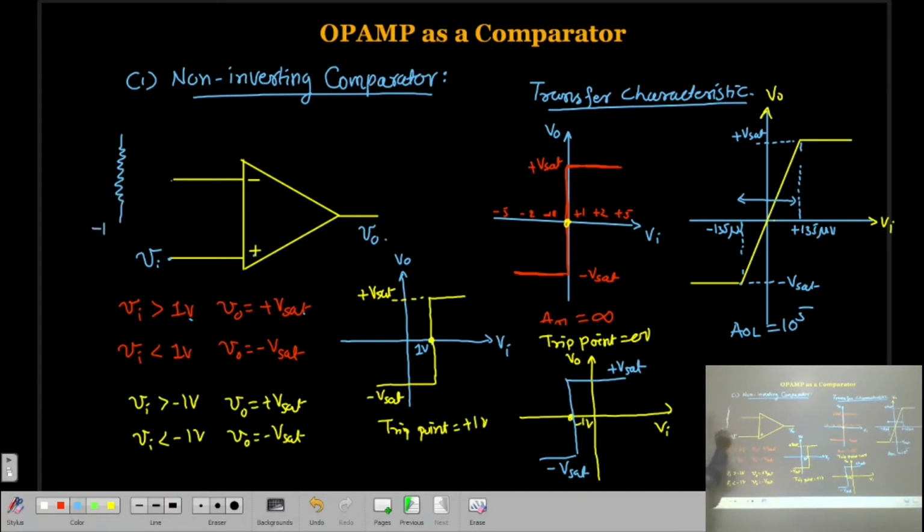We apply minus 15 volt, here we have plus 15 volt, and then it is connected. So the reference voltage you can change by changing this position. Or we can also have this kind of circuit.